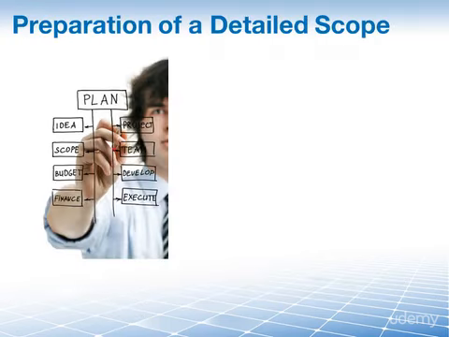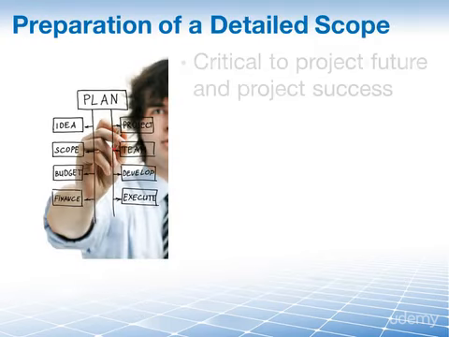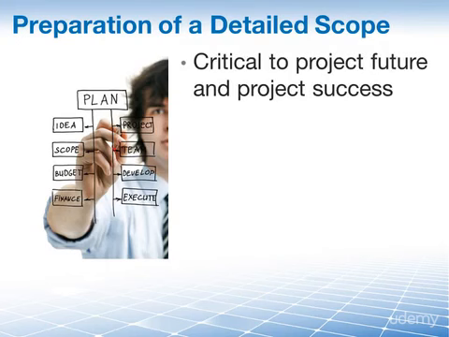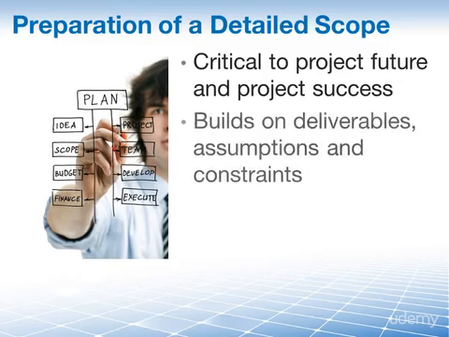Developing and documenting a detailed project scope is critical to the success of the project and beneficial to your project going forward, since it builds upon the major deliverables, assumptions, and constraints that are developed and documented during project initiation.